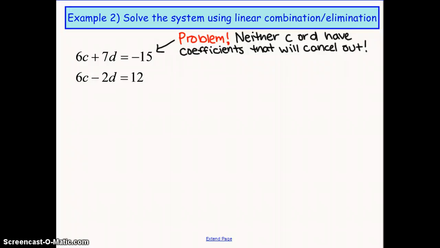So what we're going to do is we're going to multiply one of the equations by a number that will result in either the c or the d having a coefficient that will cancel out with the coefficient of the same variable in the other equation. So here's what I mean, if that sounded confusing. What you want to do is you want to multiply this whole bottom equation by -1.